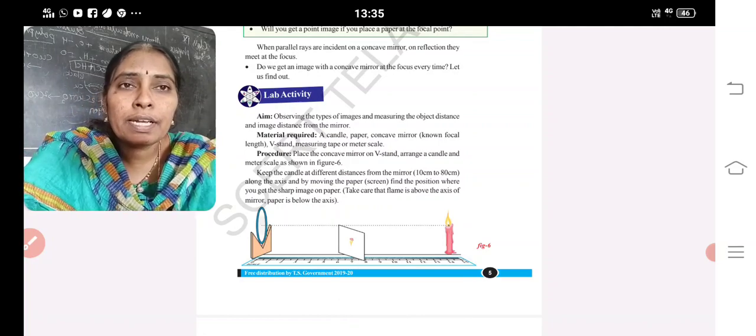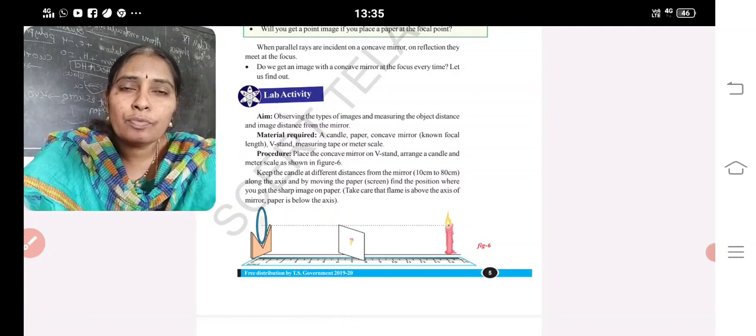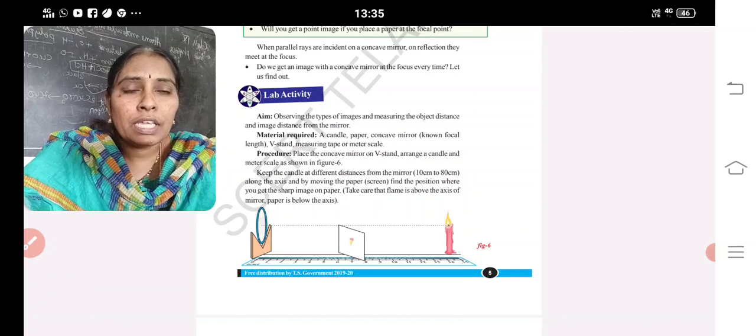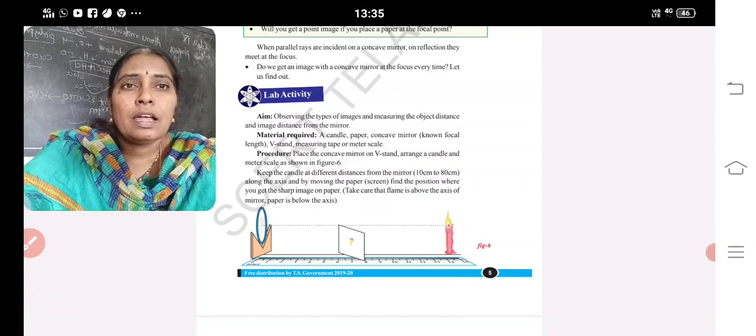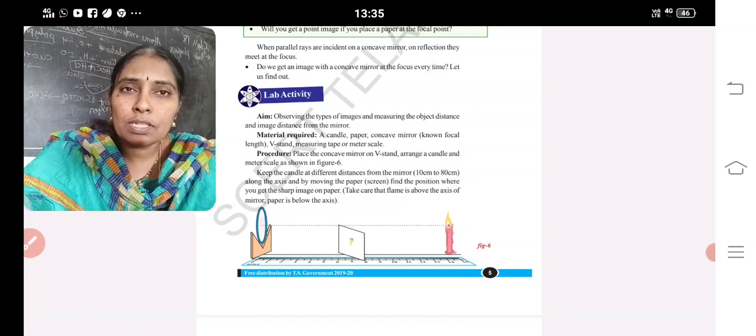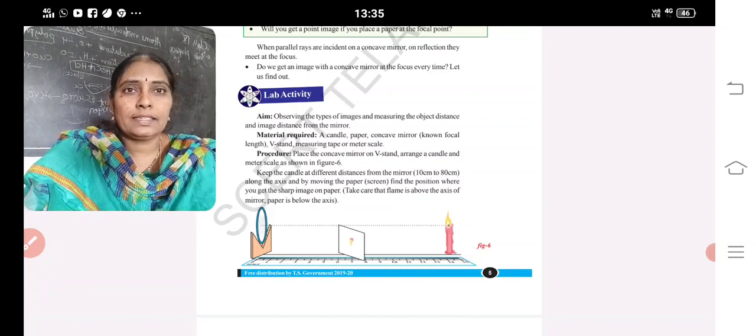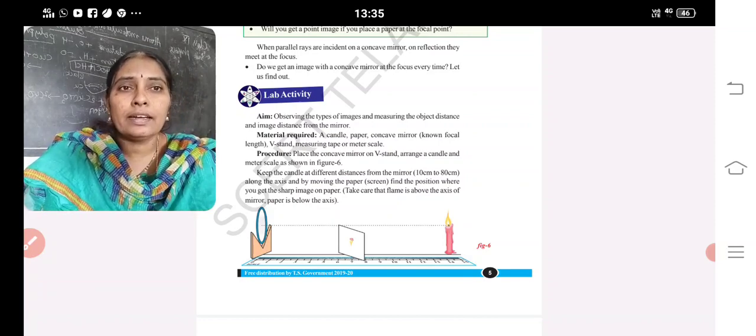The most important lab activity is observing the different types of images when an object is placed at different places. Take a V stand, place a concave mirror on that, and locate the midpoint. From that, draw a line which acts as the principal axis. The flame should be above the principal axis. In such a way you have to arrange the candle.